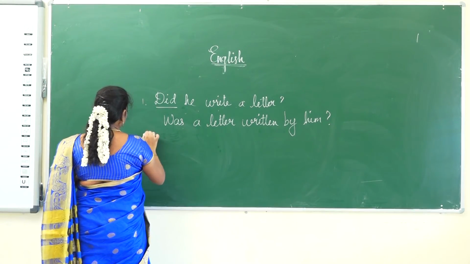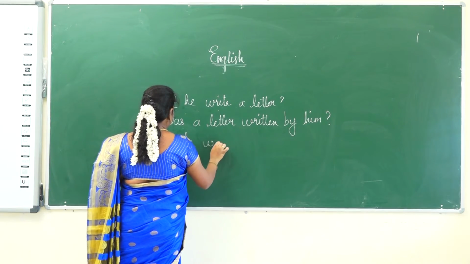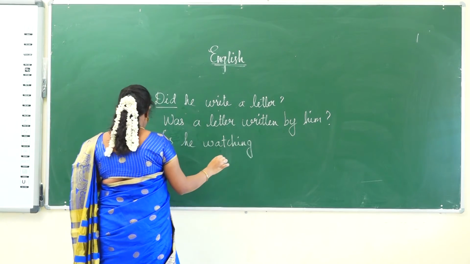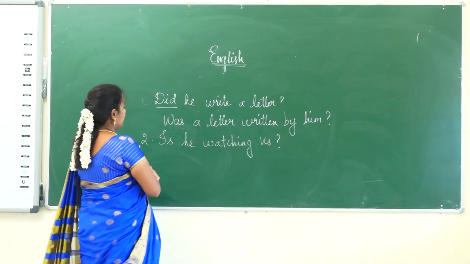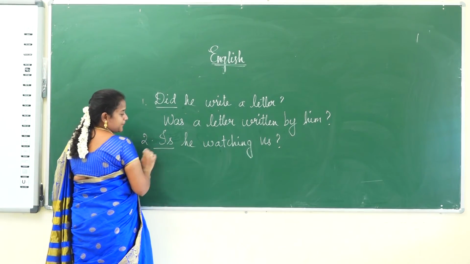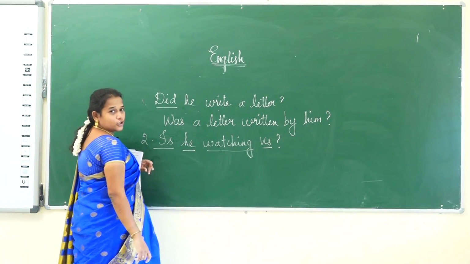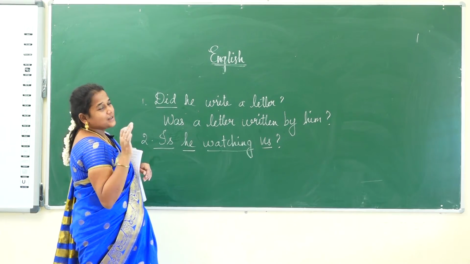The second example, is he watching us? See, is a question word, we will keep it separate, and this is a subject, this is a verb, and this is an object. So the object will come first, as, which is the objective form of we.